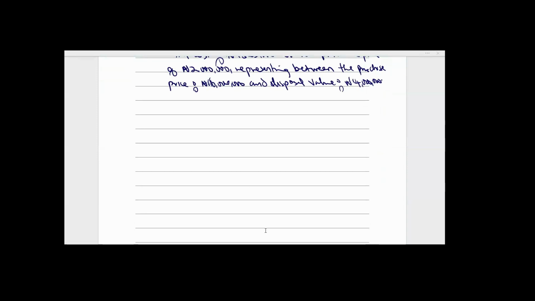Let's move to the next one. Item number 6. We are told that the company produced the window at a cost of 3,495,000. So the window cost.